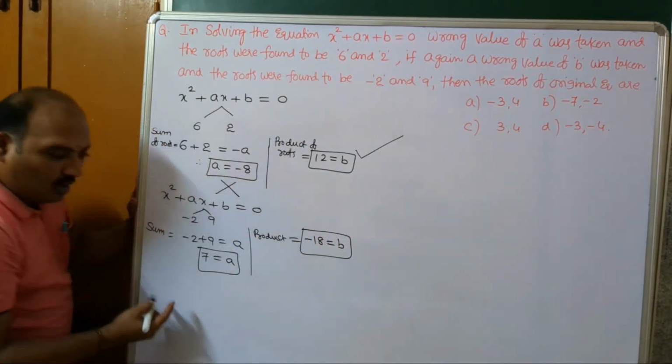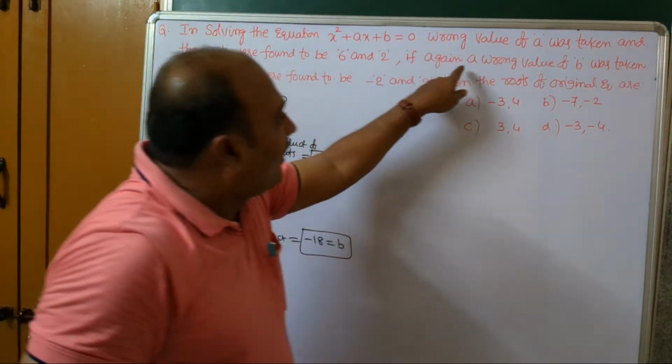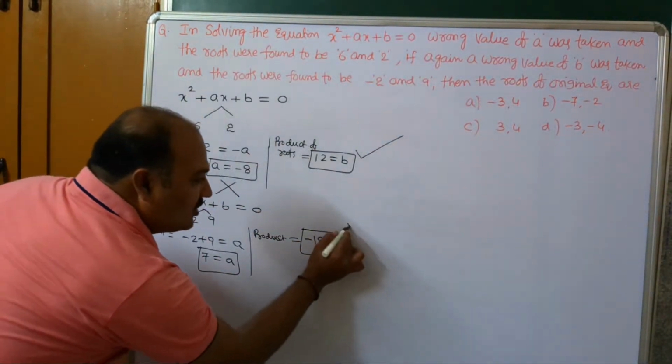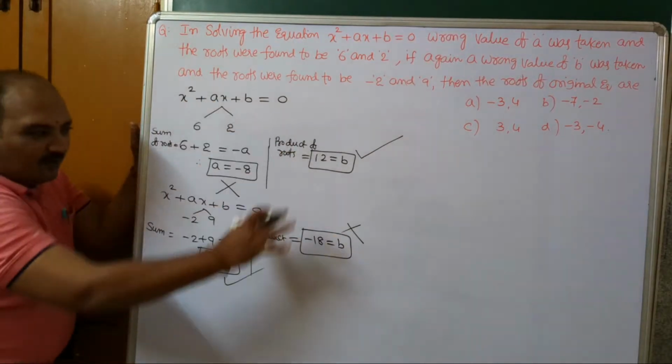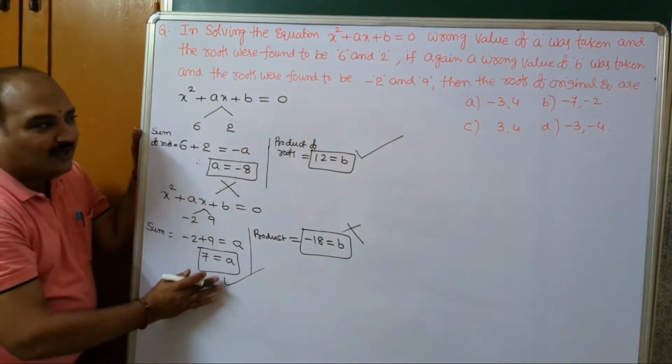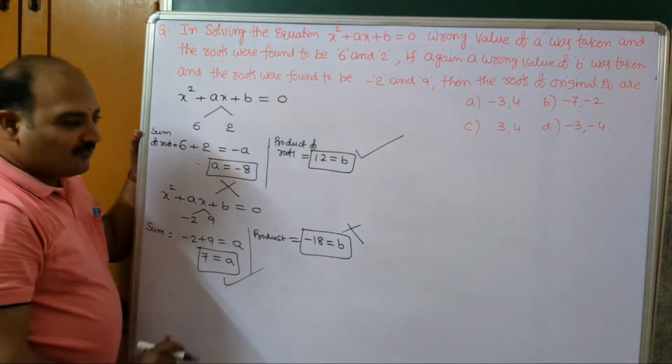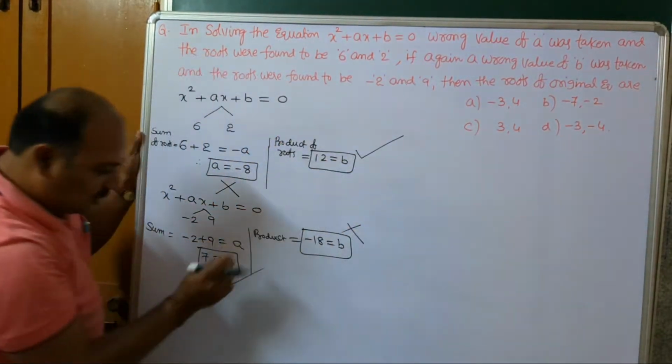So b value we got it, a value we got it. Here b value is wrong, they are saying, a value is right. So ultimately from these cases, a value right, b value right, we got it, no? So a, b right values only.